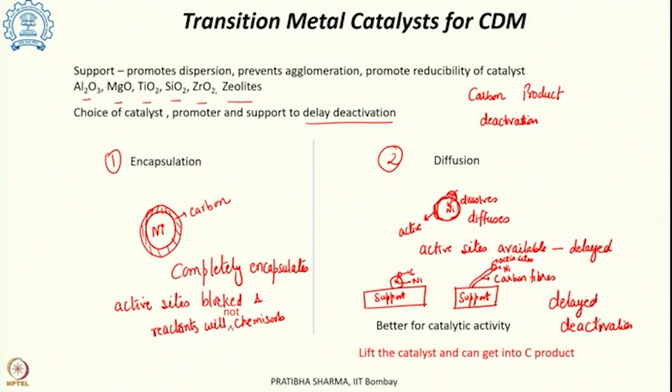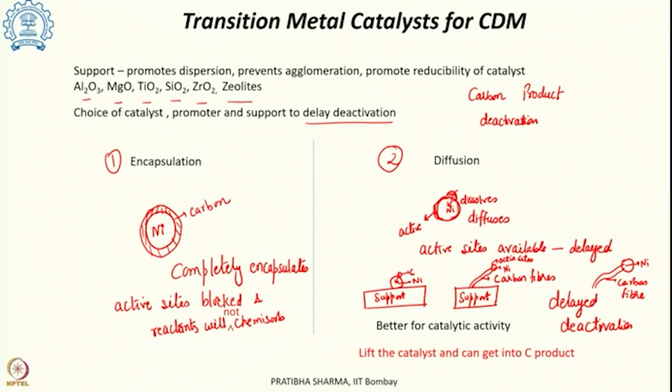At times the problem is that this carbon which gets deposited on the surface, like the carbon fibers, gets removed from the substrate. So, it enters into the product, and the metal present at the top, let us say this is the carbon fiber and the metal which is nickel here is present at the tip of the carbon fiber, that also enters into the bulk product, that is carbon.